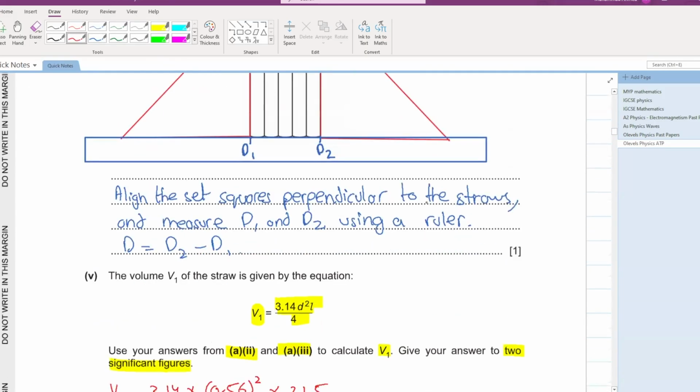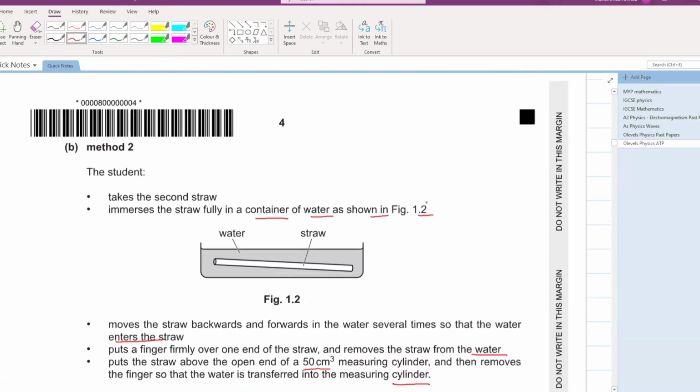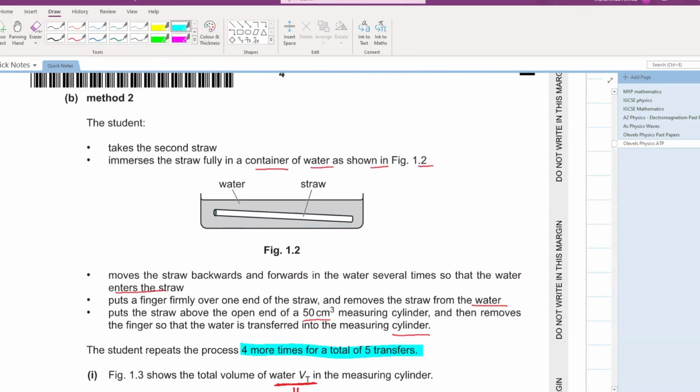However, for V2 we have tested how much water can be carried in this straw. Basically V2 is the internal volume. V1 is your external volume. So obviously external and internal volume will be different. Why?